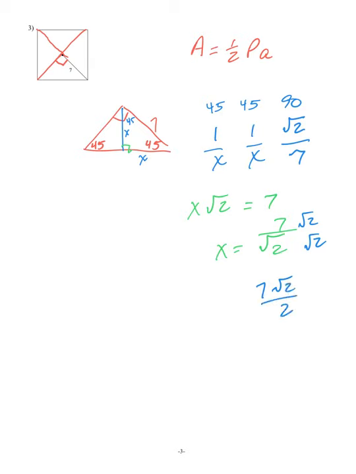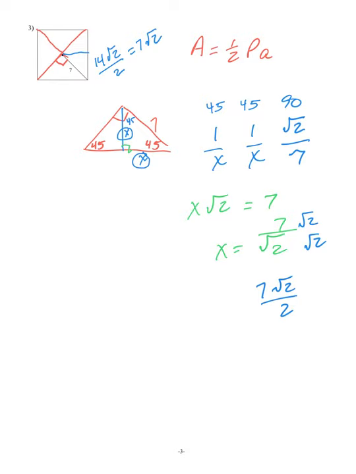But you can leave it like that because you're going to be using your calculator, so it doesn't matter. So not only is that the apothem, but that's this piece right here. So since there's 2 of those pieces, then this whole side is going to be 14 root 2 over 2, which is 7 root 2.